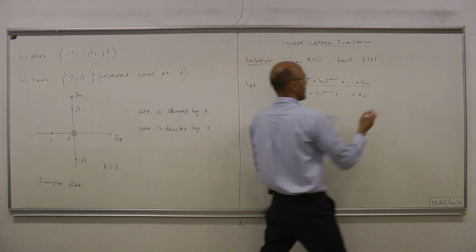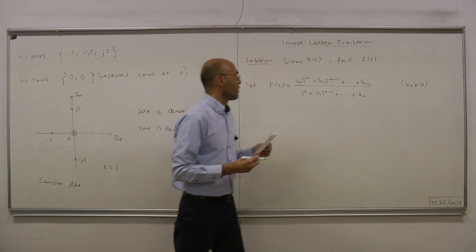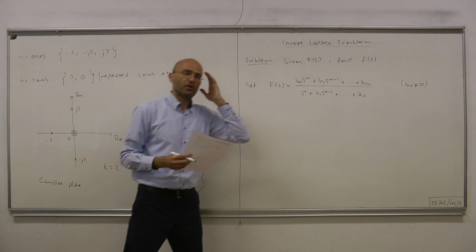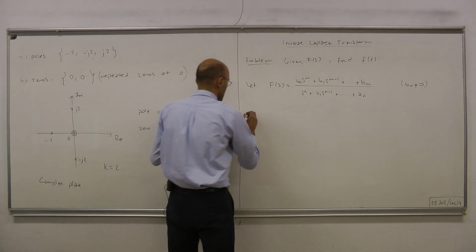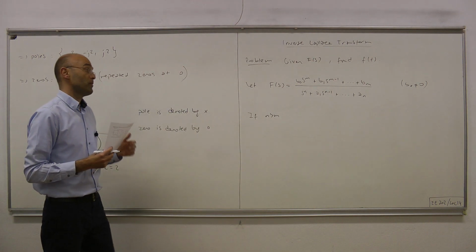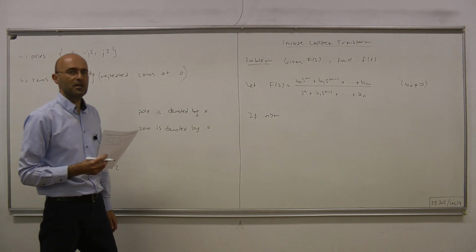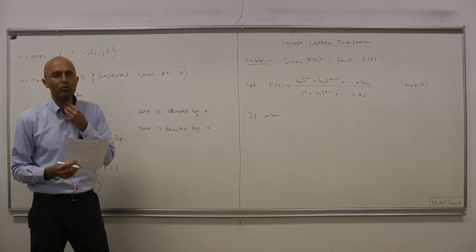Okay, and b0 is different than 0, so the numerator polynomial is of order m and the denominator polynomial is of order n. If the degree of the denominator polynomial is strictly larger than the degree of the numerator polynomial, then such a transfer function is called proper.